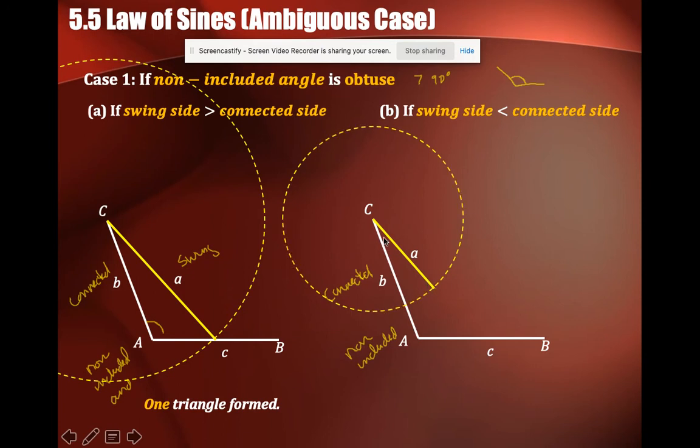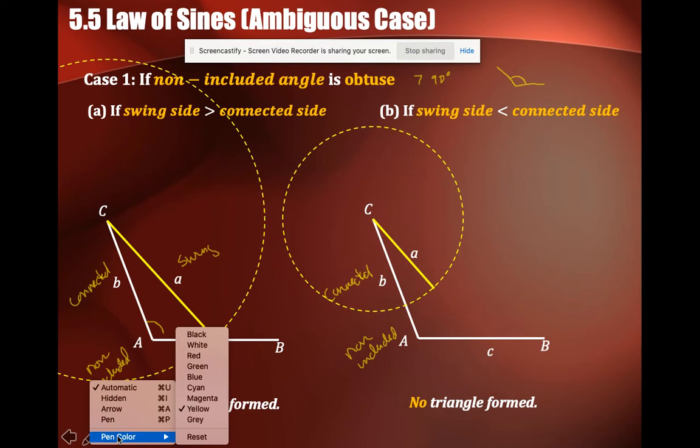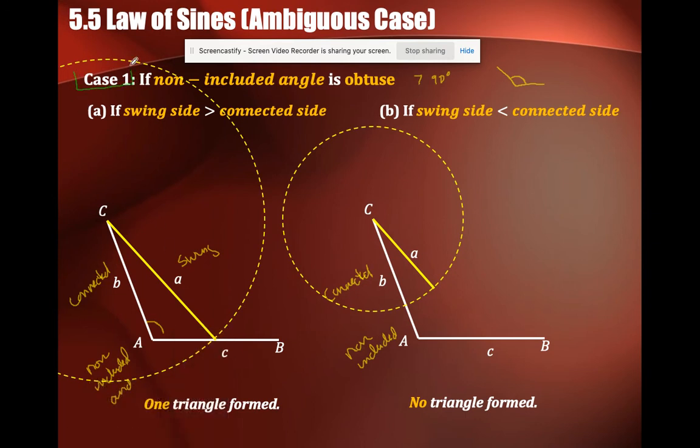No matter how I change this angle, no matter where I swing this, how many times will the connected side meet the base? It won't. No triangle is formed in this case. So that's all case one. Case one, I just have to compare the swing side to the connected side.